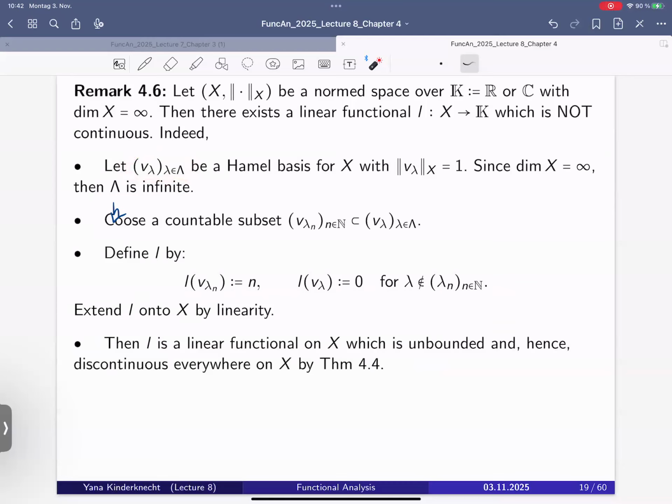But now we may extend L onto the whole space X by linearity. What do I mean?